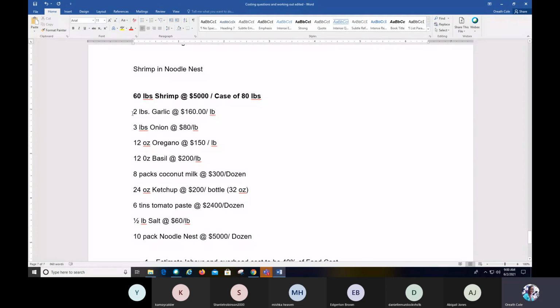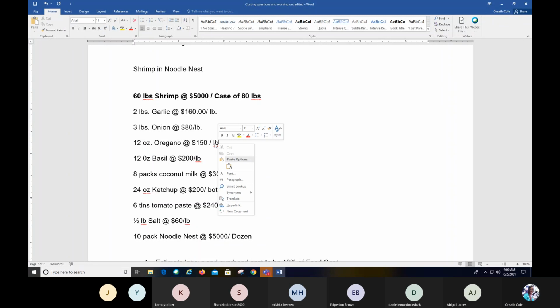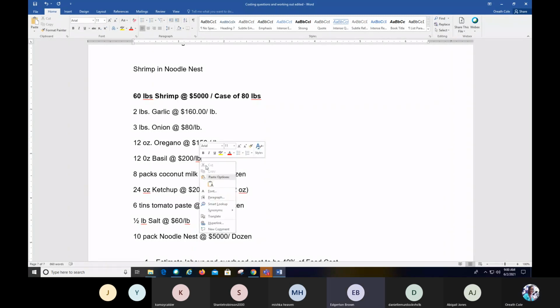2 pounds of garlic at $160 slash pound. What does that mean? Miss, it means $160 per 1 pound of garlic, miss.